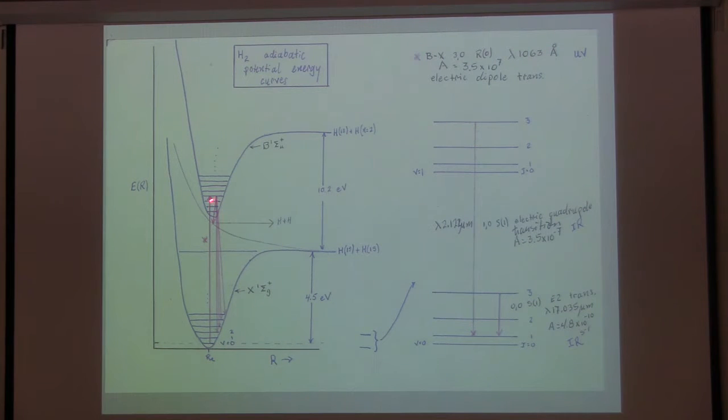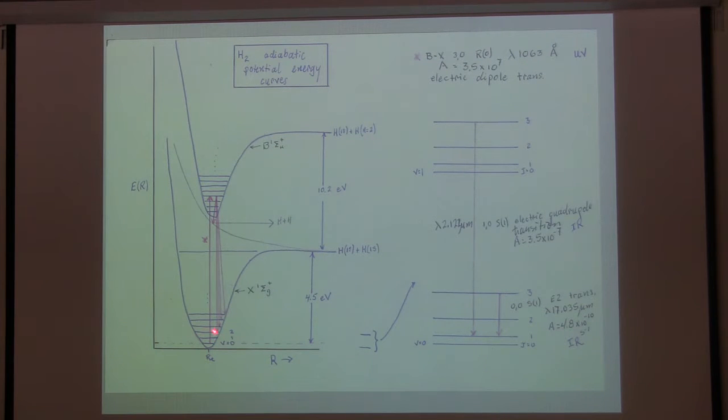There is an excited state that goes toward 1 ground state atom and an N equals 2 hydrogen atom, and in particular it's this state that forms the upper states that were involved in that last piece of spectrum that I showed.